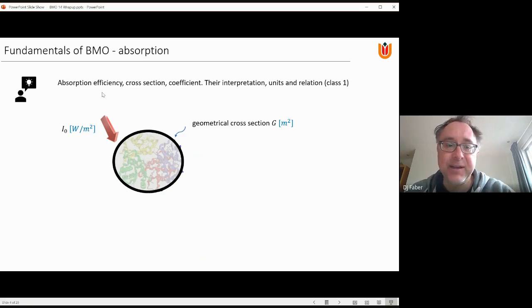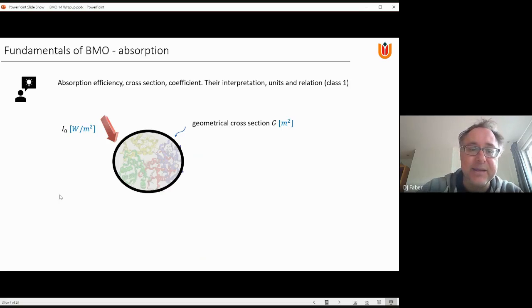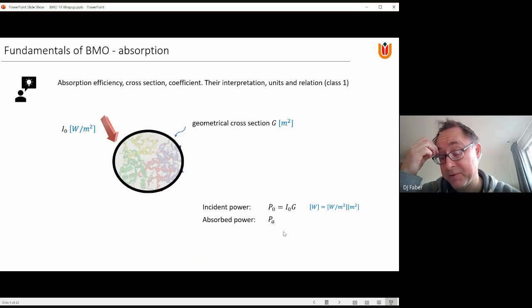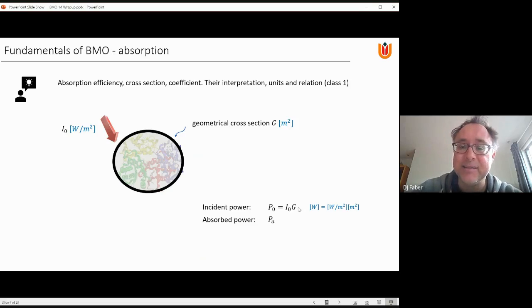So just to briefly reiterate, if we have a molecule, we can illuminate that with an intensity I0. Intensity has units of watt per square meter, and the molecule we assume can be assigned a geometrical cross-section G, which is then in square meters. The incident power on the molecule can then be calculated. That's the product of the intensity and the geometrical cross-section.